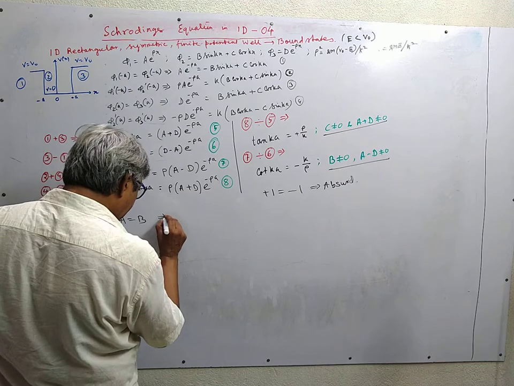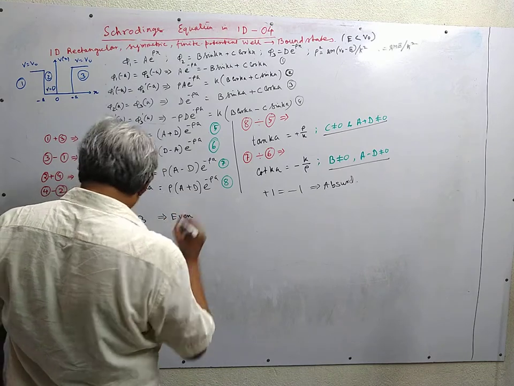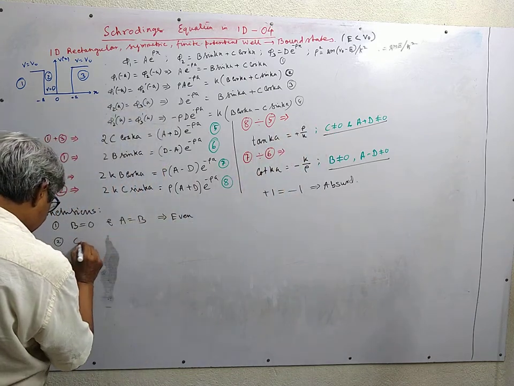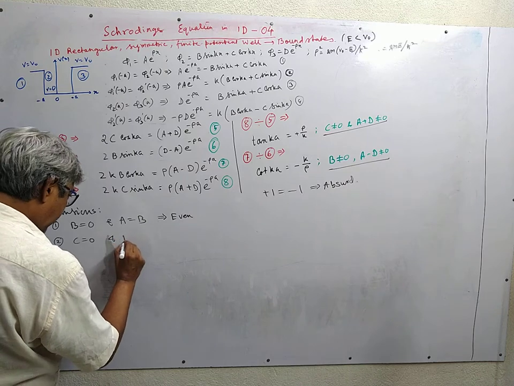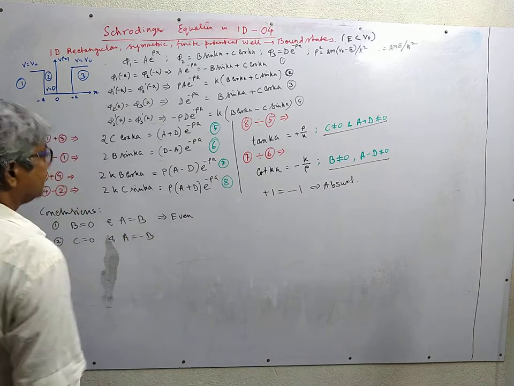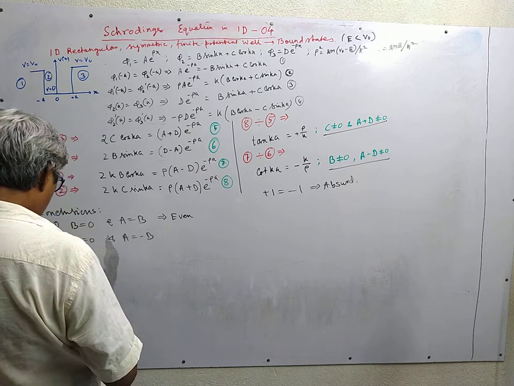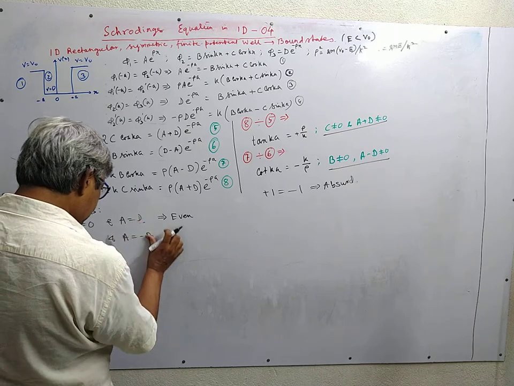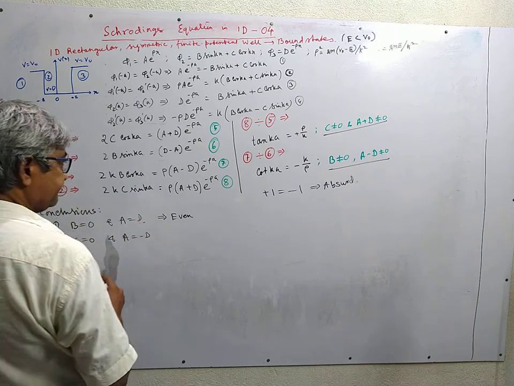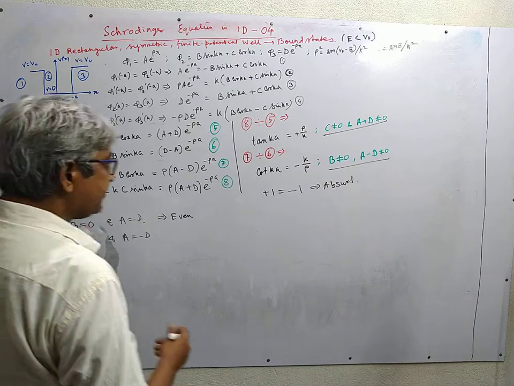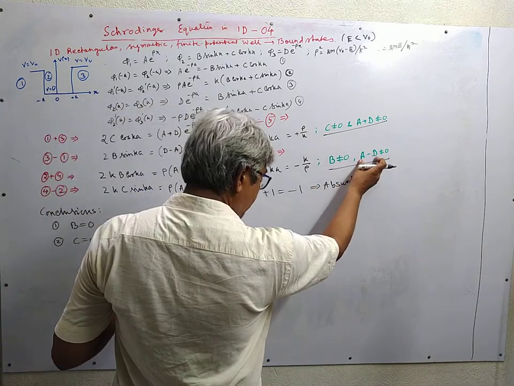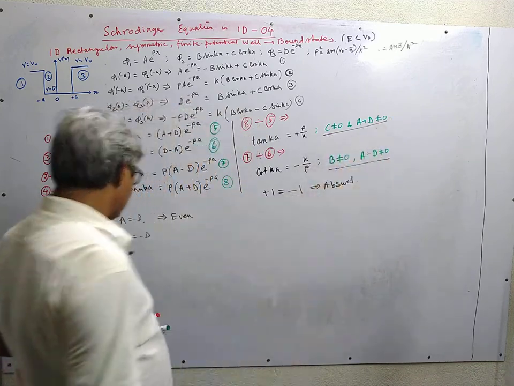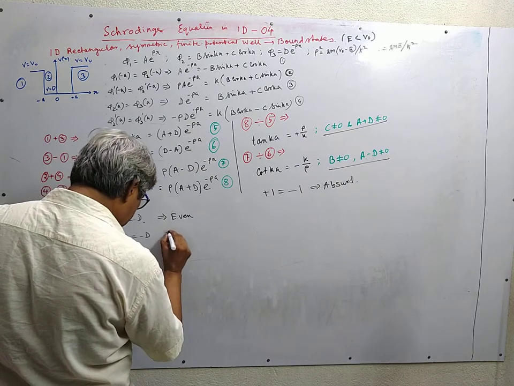This is the even state, and alternative 2 is c equal to 0 and a is equal to minus d. Sorry, in the first case b is equal to 0 and a is equal to d, and in this case c is equal to 0 and a is equal to minus d. This is the odd case.